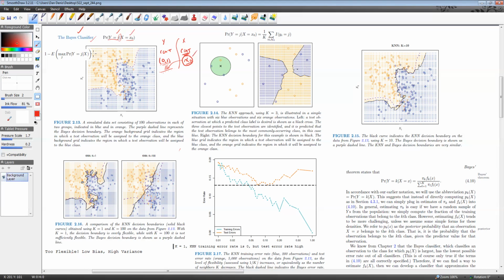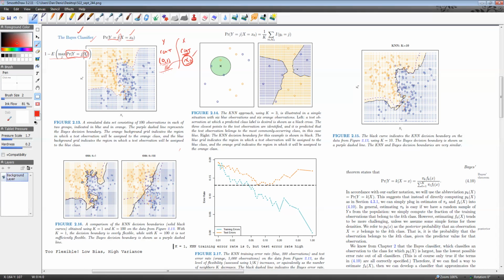The Bayes classifier, what's important about that is it provides the best classification. Okay, in other words, it provides the lowest error rate. So what's the lowest error rate? Well, if I take the probability of y is equal to a particular class given x, now x could be x sub naught, it could be x sub 1, x sub 2, whatever value of x.